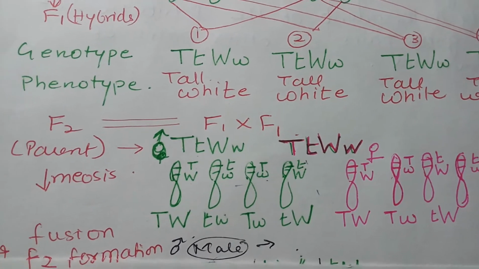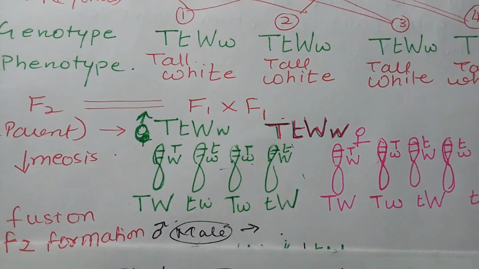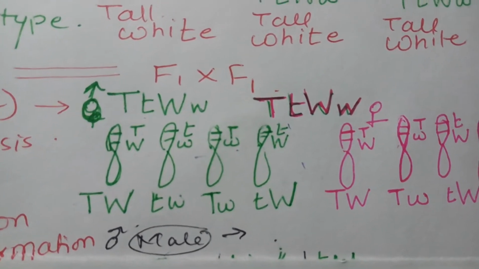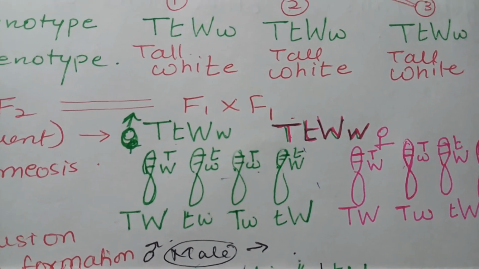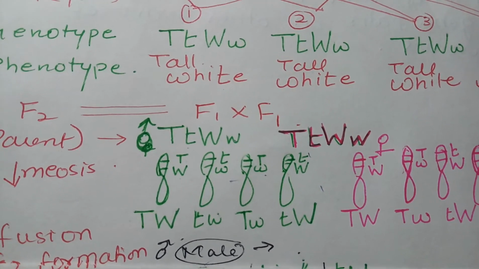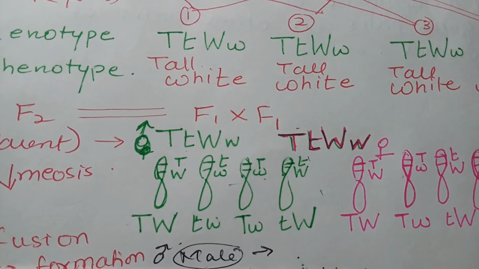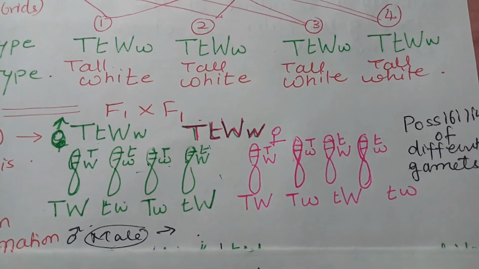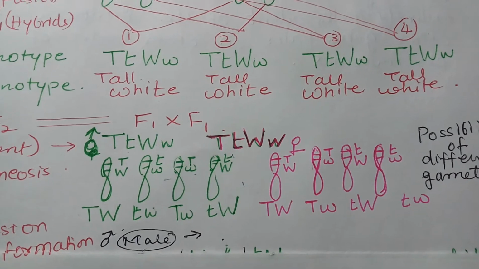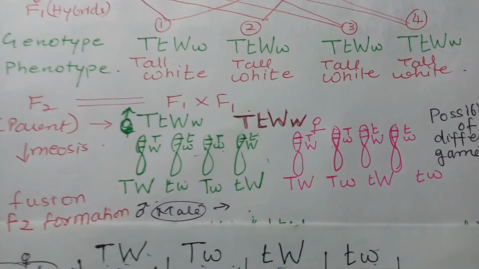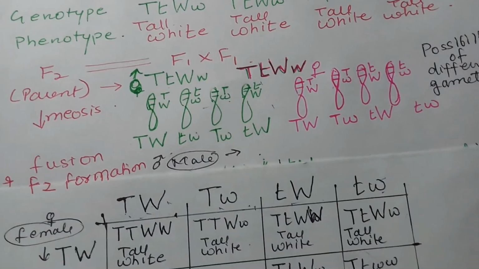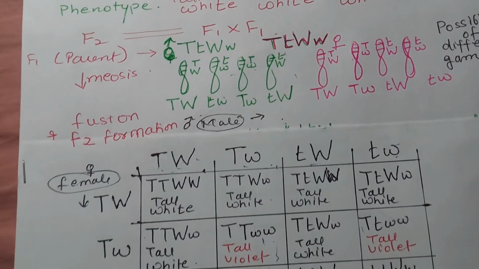Now here, if you look at the formation of gametes, during the gamete formation there are 4 different possibilities. You can see capital T, capital W; capital T, small w; small t, capital W; small t, small w. All these possibilities are there with the other parent. One parent is male, the other is the female parent. Now we will use a Punnett square to find out the combination of gametes.